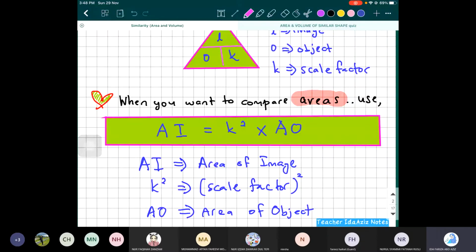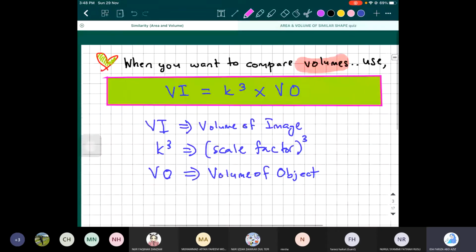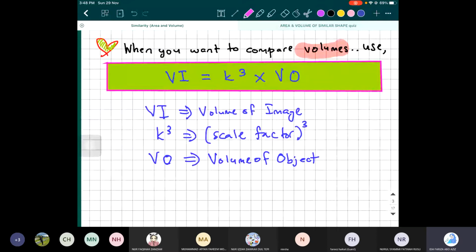AO is area of object. And lastly, when you want to compare volumes of different shapes, please use VI equal K cube times VO. VI is volume of image. K cube adalah scale factor cube. VO is volume of object.